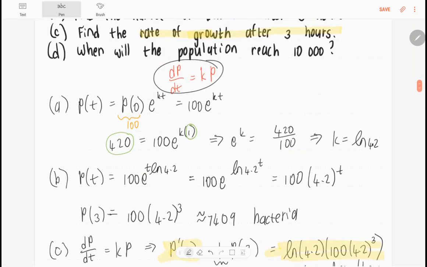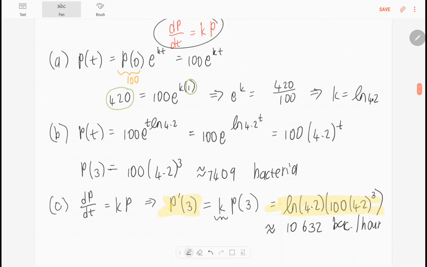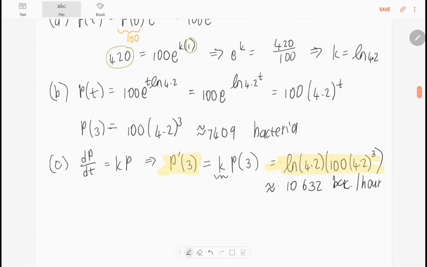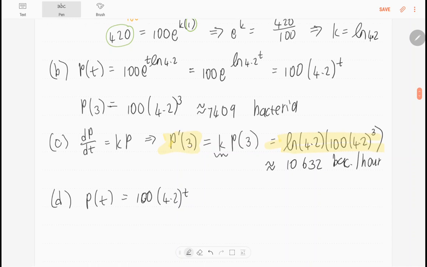And the final question is, when will the population reach 10,000? So we're going to use our formula, P of t equals 100 times 4.2 to the t, and set 10,000 equal to that.